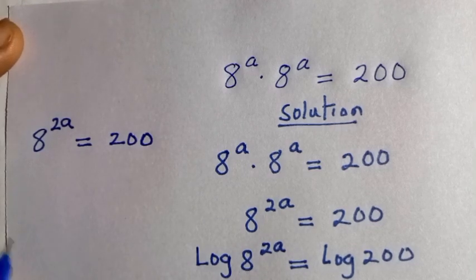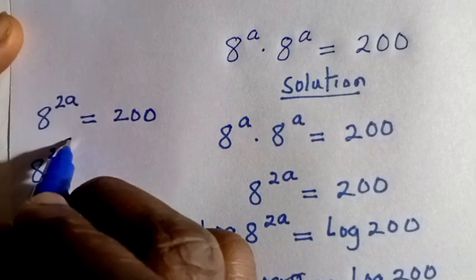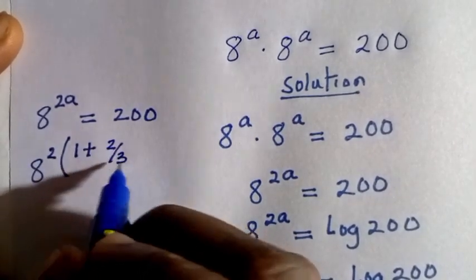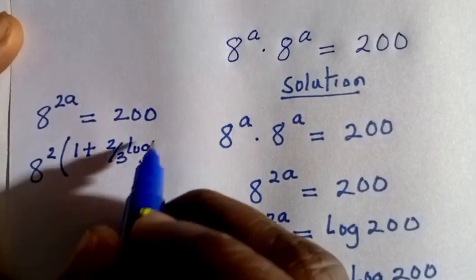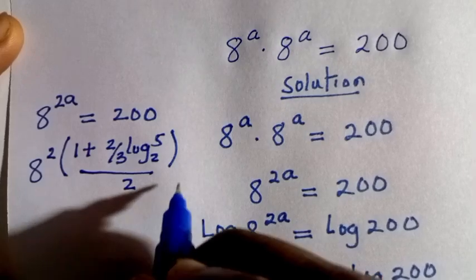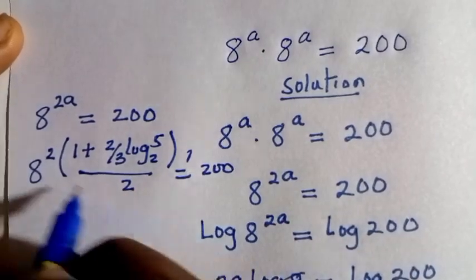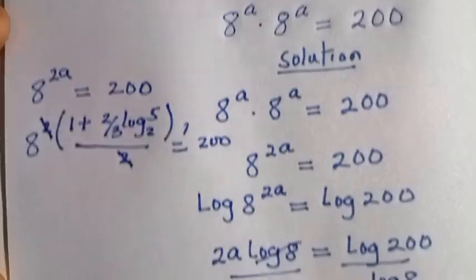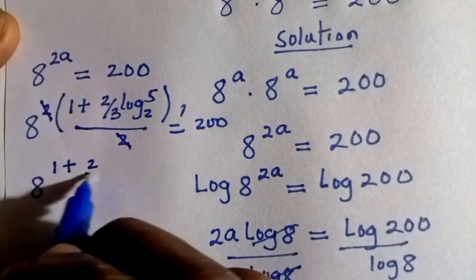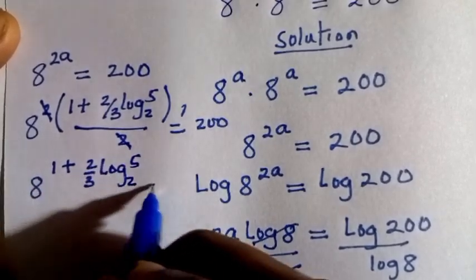When we substitute the value of a into this place, we have 8 raised to power 2 bracket, and we get the value of a as 1 plus 2 over 3 log 5 base 2, all divided by 2. I want to check if this equals 200. So we cancel 2, as we have 8 raised to power 1 plus 2 over 3 log 5 base 2.